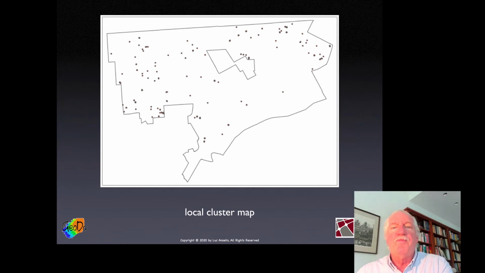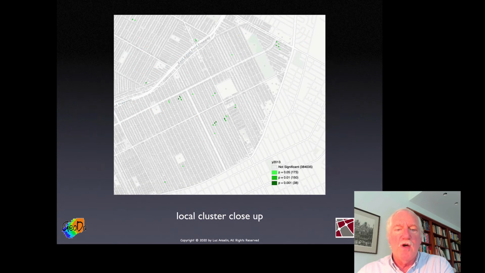If you recall my early discussion of some of the bad maps, the dot maps are notoriously potentially misleading because the size of the dot has to do with the scale of the map, and so these dots are way too big, and we can actually see what's going on when we zoom in. And this is an example of our types of results. This is for the whole data set, we have 38 locations that have more neighbors with sales than would be the case under randomness at a p-value of 0.001.